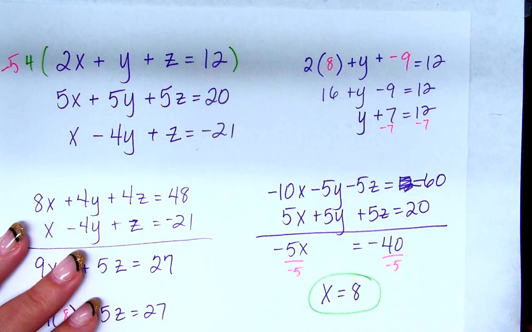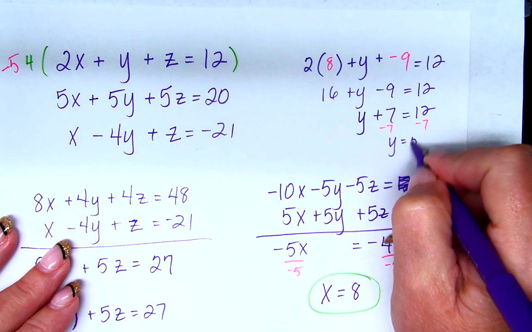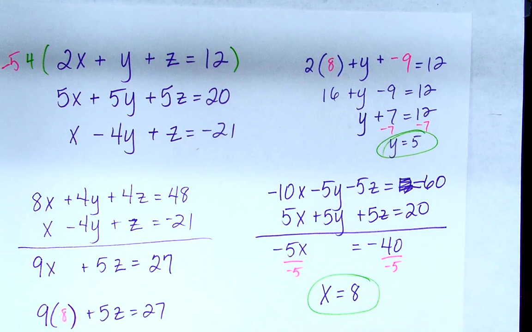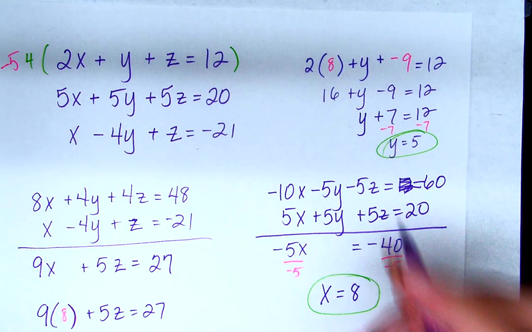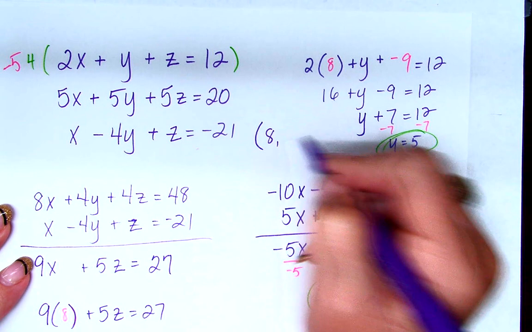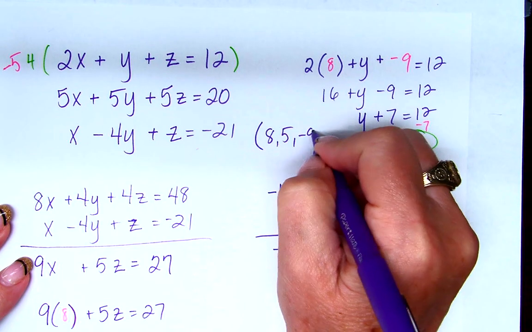Can you try one more time? Y equals 5. So my answer: 8, 5, -9.